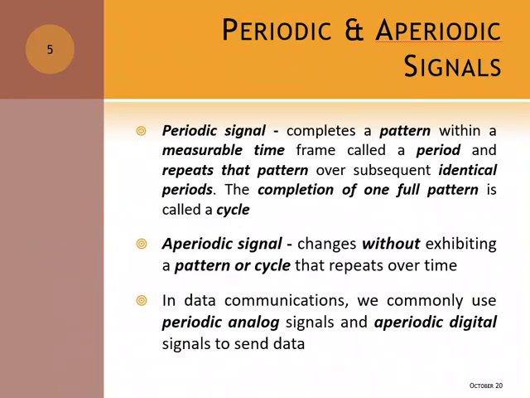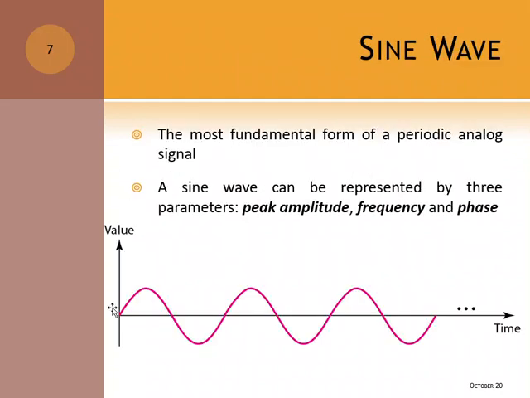Let's see the statement. Completes a pattern within measurable time frame called period and repeats that pattern over subsequent identical periods. The completion of one full pattern is called a cycle. Yang mana kita panggil cycle? Cycle ni adalah daripada sini sampai ke sini.